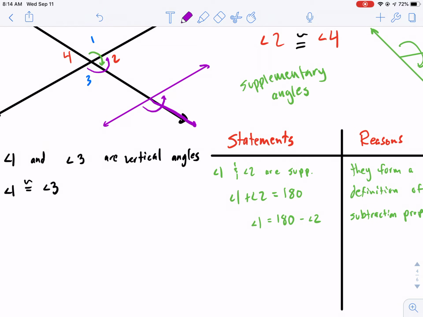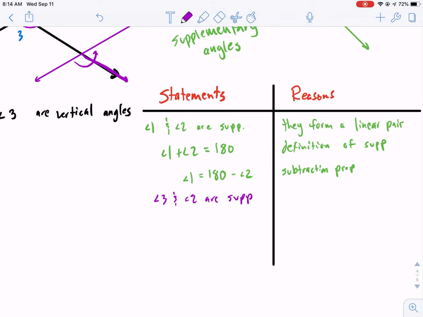So let's write that. Angle 3 and angle 2 are sup. We're going to follow the same pattern that we did with angle 1 and 2. They form a linear pair: two angles forming a line.